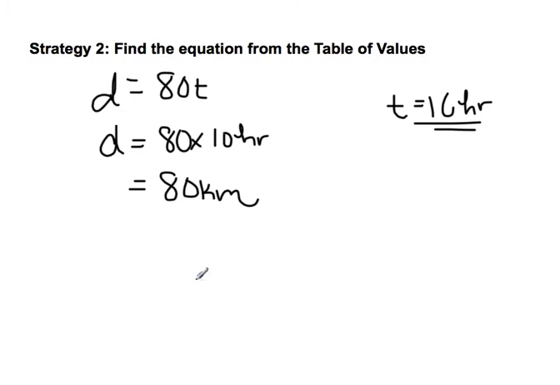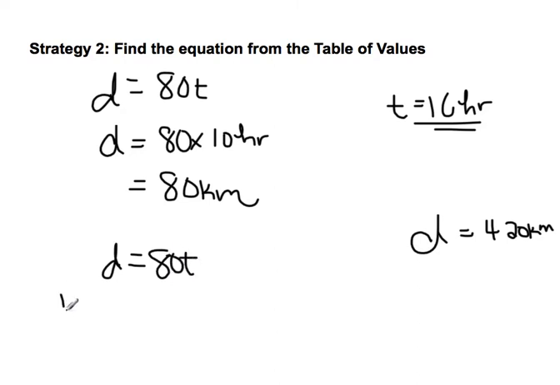Okay, so what happens if you ask, how long will it take to travel, I don't know, 420 kilometers? Again, start with your equation because you know that's the equation of that graph. And you substitute the 420 in for your distance. And this one, you now have an equation, so you have to use those opposite operations.